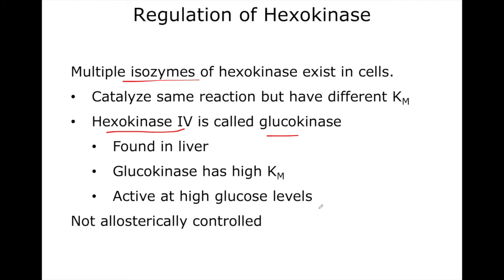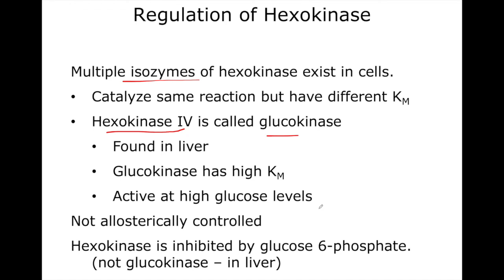Hexokinase, as we mentioned before, is not allosterically controlled, and it is inhibited by the product, glucose 6-phosphate. So that concludes our discussion of the major regulatory points of glycolysis and gluconeogenesis. So we certainly want to be familiar with how these important pathways are controlled.